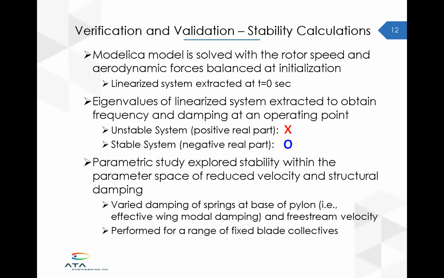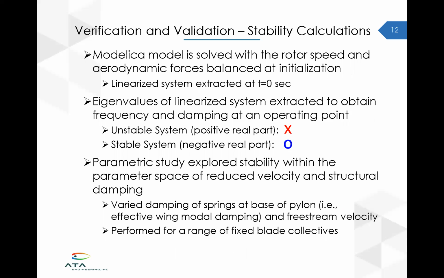So in our comparisons to this data set, our Modelica model started with an initialization problem where we set the free stream velocity and solved for the rotor speed and balanced all the aerodynamic forces.